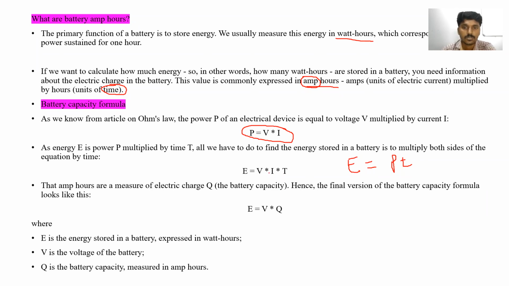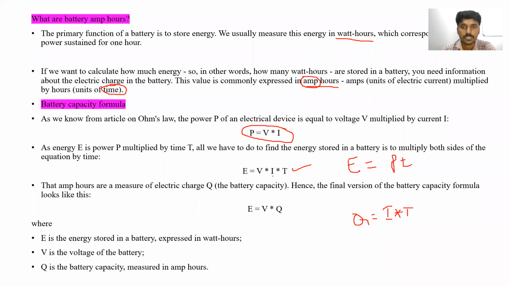Here we can write the equation E is equal to V into Q, where Q is the charge, equal to current multiplied by time. Q is equal to I into T. Ampere hours are a measure of electrical charge.